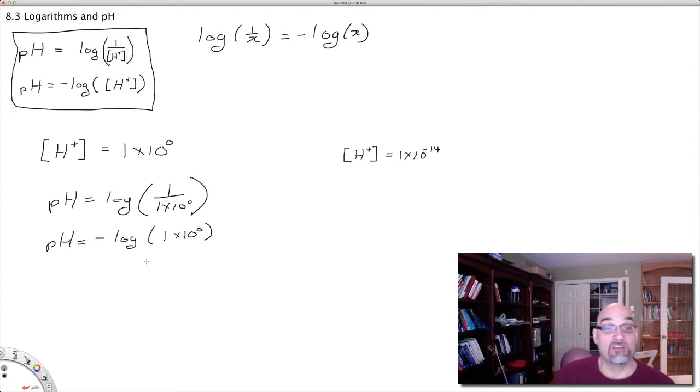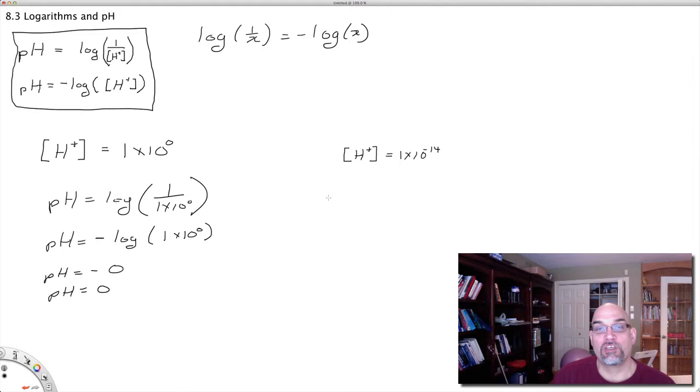Okay, these are base 10 logs, so the log of 10 to the 0 is just 0. So pH equals -0, which is just 0, right? So that's the most acidic thing that I can have in a normal water solution.